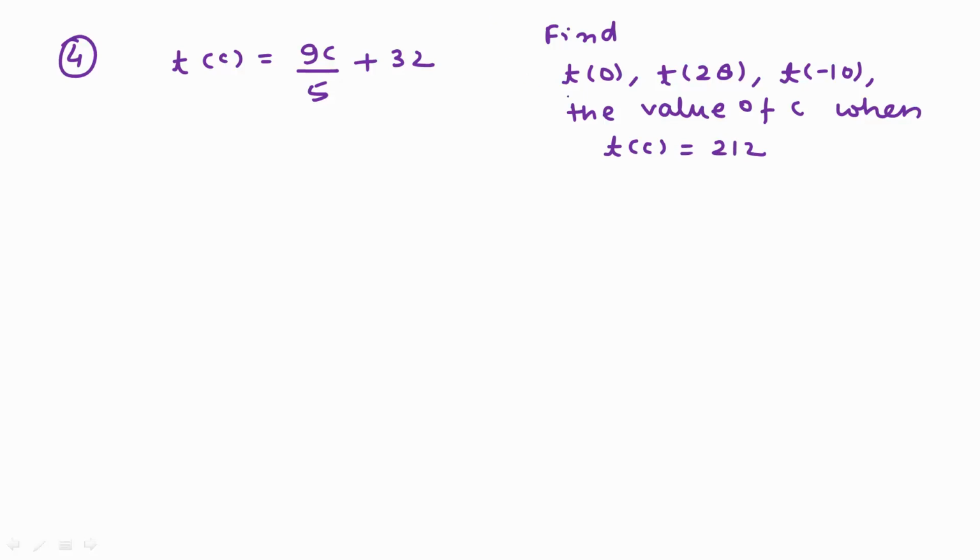First we will find the value of T(0). If T(C) = 9C/5 + 32, then T(0), replace C by 0: 9 into 0 by 5 plus 32. 9 into 0 is 0, 0 by 5 is 0, 0 plus 32 is equal to 32. Now we will find T(28).